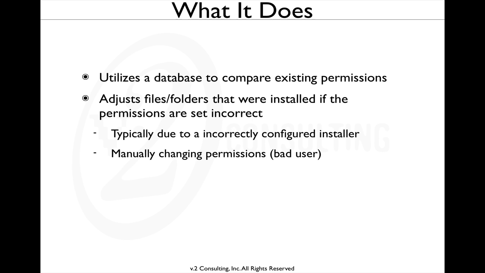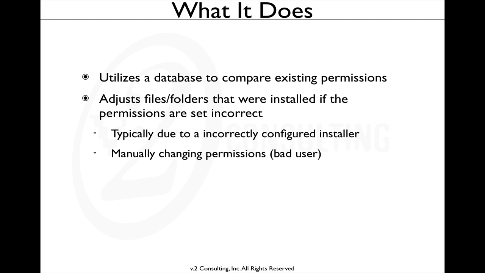Typically, the permissions get messed up due to a misconfigured installer, or because somebody manually changed a file or folder, didn't know what they were doing, and set those permissions incorrectly. So let's look and see why that is.